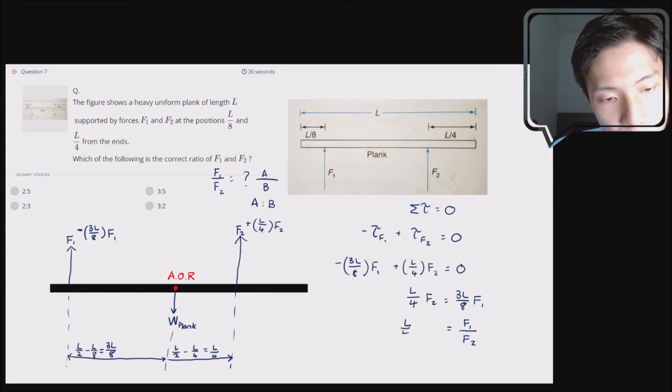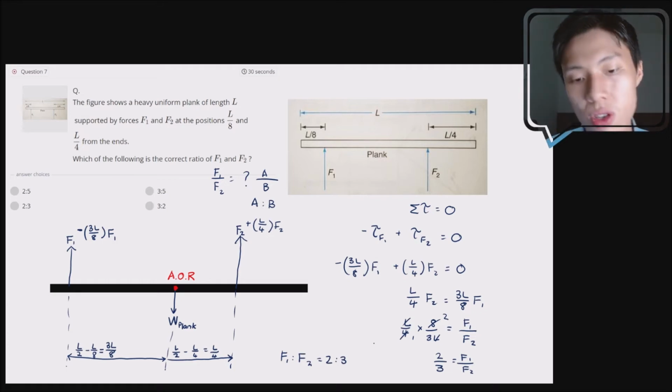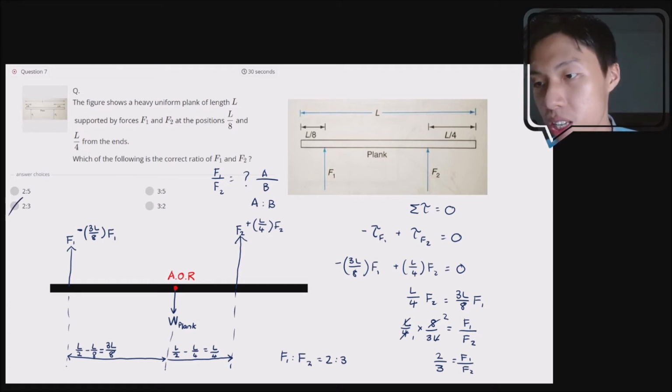So L over 4 times 8 over 3L. We cancel out the L, 4, 2, so you get 2 over 3 equals F1 divided by F2. Therefore, the ratio between F1 to F2 will be 2 to 3. So our answer will be this one.